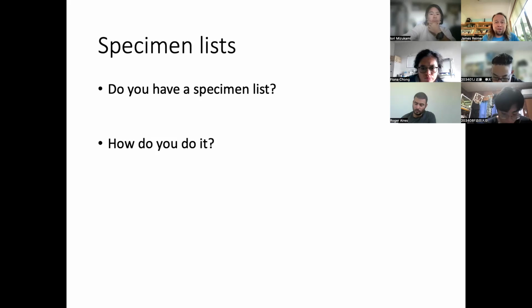There's no rules, but Kurt says he uses a locality and a number. That's one way to do it. I use a code personally. The letters are in order. The first letter corresponds to the site.